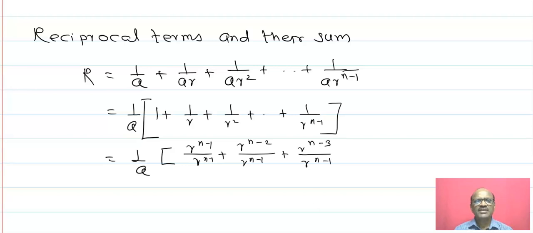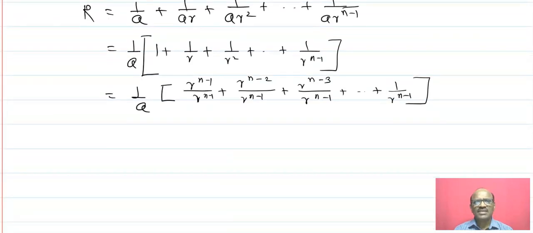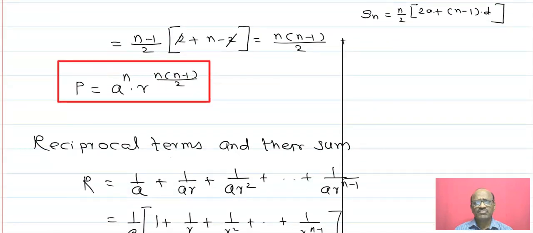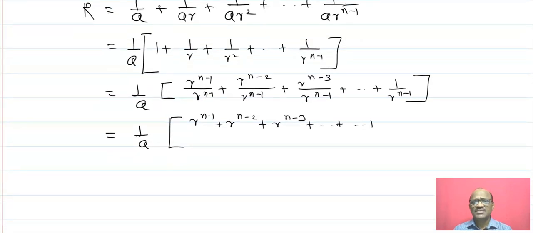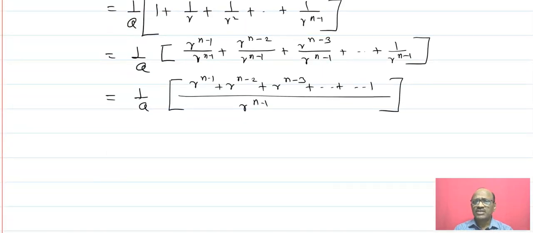For the second term, 1 upon r, he also multiplied the numerator by r raised to n minus 2, and the denominator is r raised to n minus 1. What about 1 upon r square? In the same way, the numerator and denominator are multiplied by r raised to n minus 3. In this way, we are getting all the terms with denominator r raised to n minus 1.